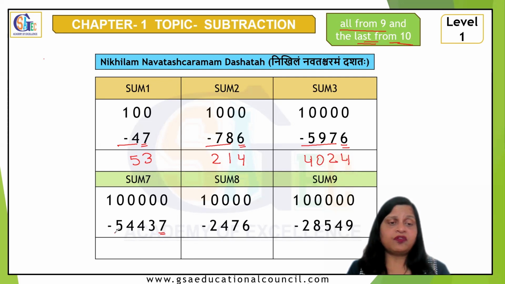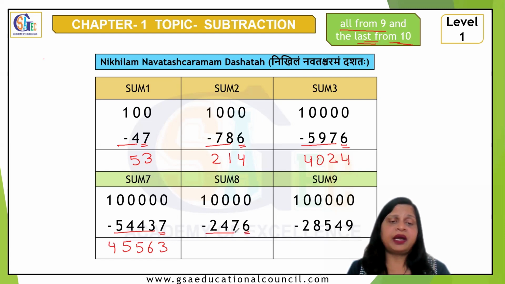So last from 10 and all from 9. 10 minus 7 is 3. 9 minus 3 is 6. 9 minus 4 is 5. 9 minus 4 is 5. 9 minus 5 is 4. It means the answer is 45,563.